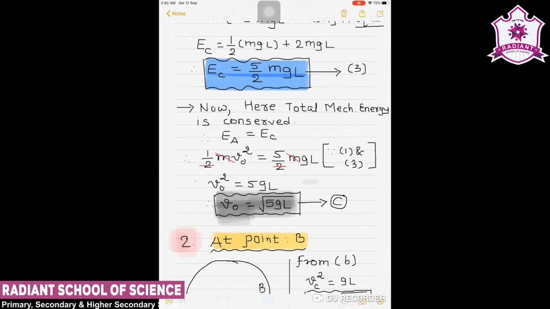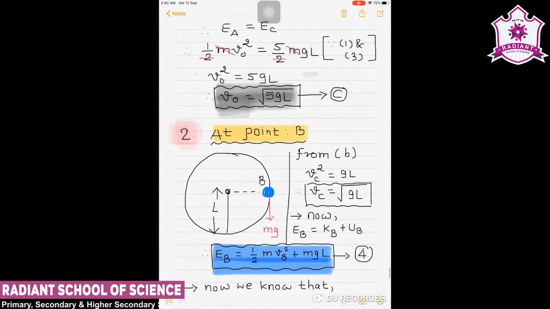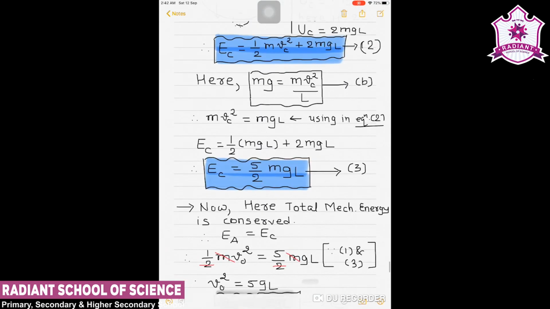Now they have also asked for the velocity at point B and at point C. To find the velocity at point B and at point C, we will follow this. From equation B, we will move to that equation.